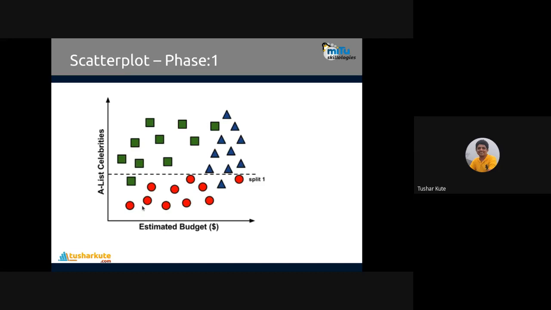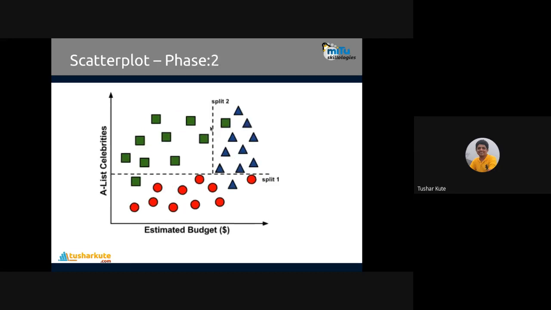Now we have to check in both planes: is it again possible to have a perfect horizontal or vertical split? You can see here, I can draw a split so that the green and blue classes can be separated, but I will still have one misclassification here. Now see, I have made a split over here at this point.